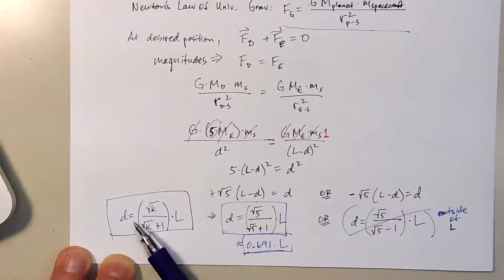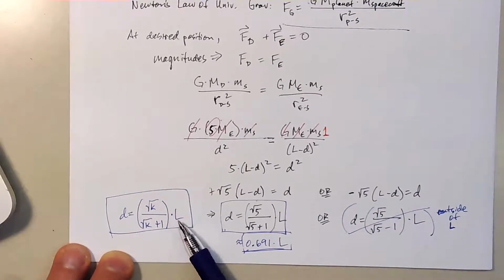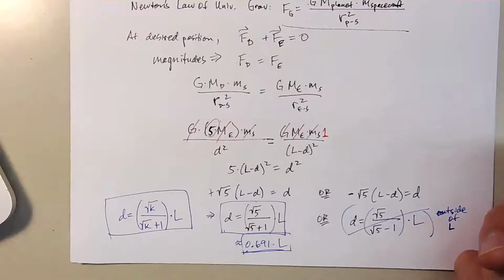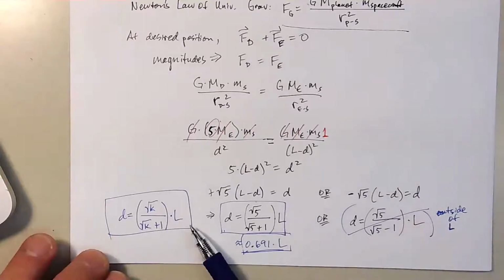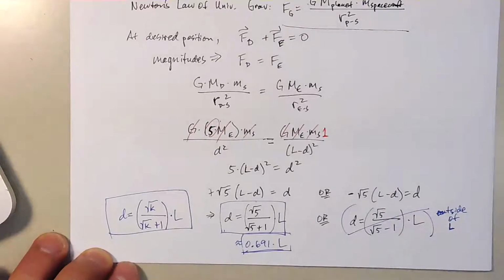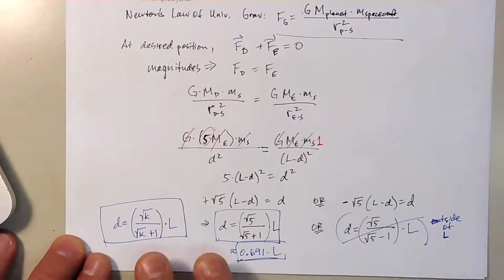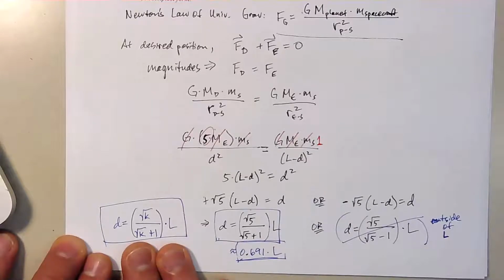So D, the position where you should place the spacecraft, is basically almost at planet E. That's what we would expect in that particular case. All right, good. Doing a sanity check on our answer, exploring the limits of the two extremes, helps give us confidence that this is the correct algebraic expression.